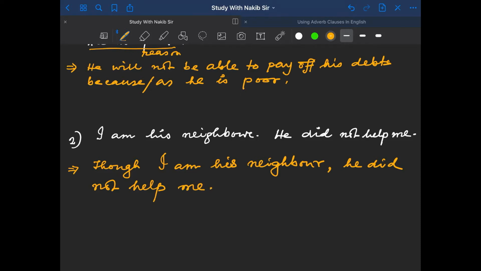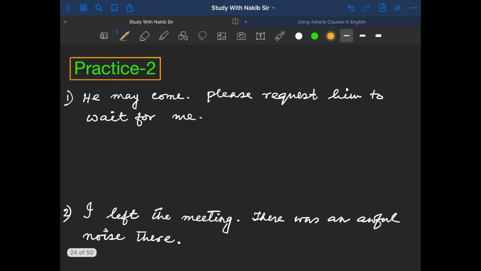Though I am his neighbor, this is an adverb clause of concession. This is a very easy point, made easier in part 7, where the concept of clauses in English has been extensively discussed with adequate examples. Okay, so go to the practice.